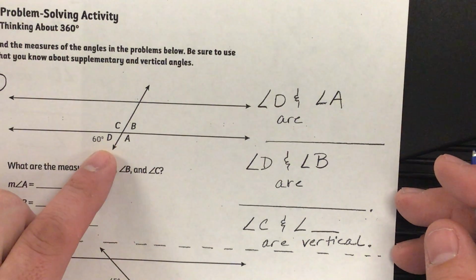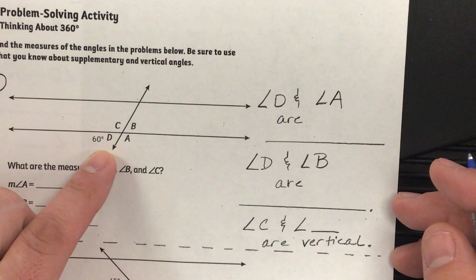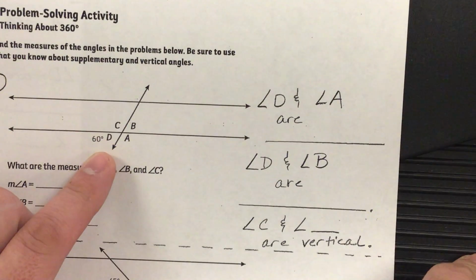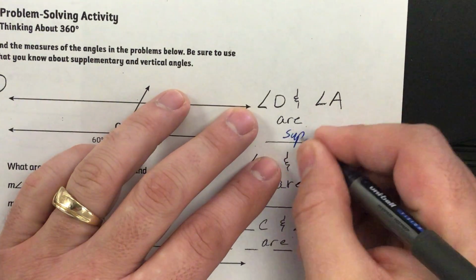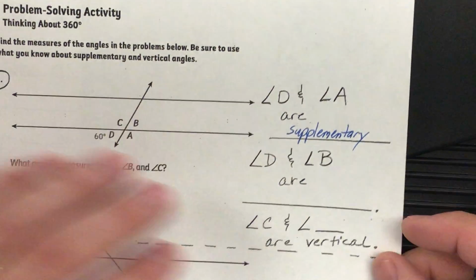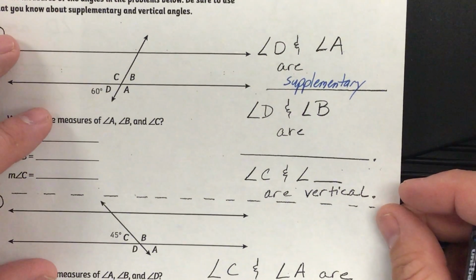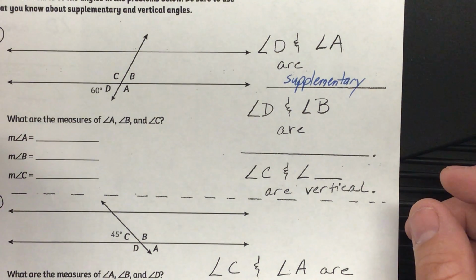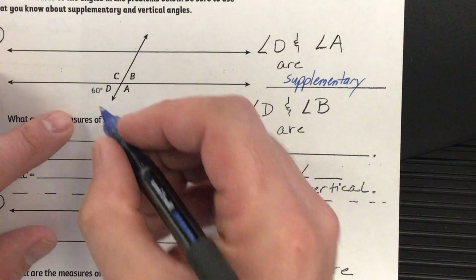Name, term. Straight, okay. But when they add up to 180, there's a special name for it. So they are supplementary. Angle D and B are? Look at where they are.